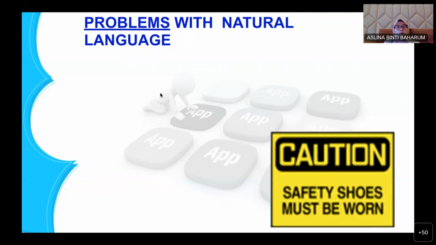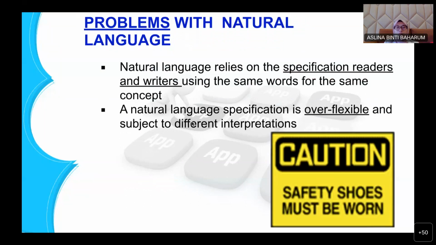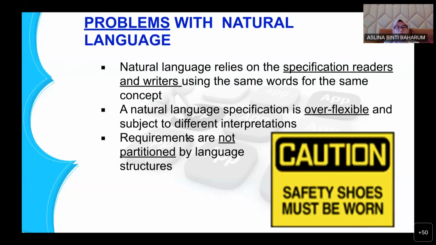Problems with natural language. Natural language relies on the specification readers and writers using the same word for the same concept. Caution, safety issues must be one. A natural language specification is over flexible and subject to different interpretation. Like just now, your interpretation and my interpretation might be different, right? Over flexible.